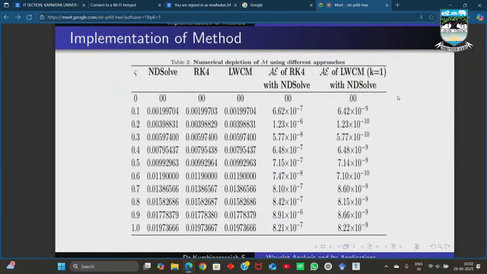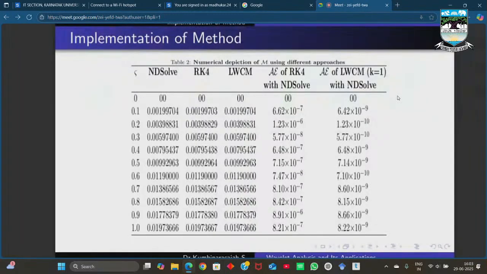So that's why I call it the Legendre polynomial wavelet collocation method. That's what it represents here. Here, compared with the RK4 and ND solver, this is the RK4 method and ND solver method absolute error, but this is our method's absolute error. That means it is much closer to 0.